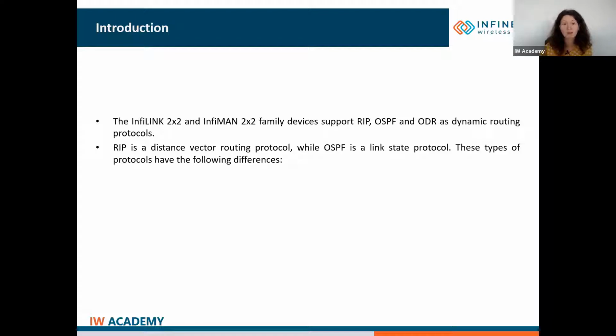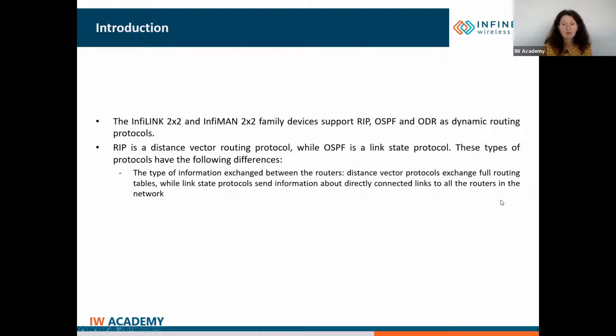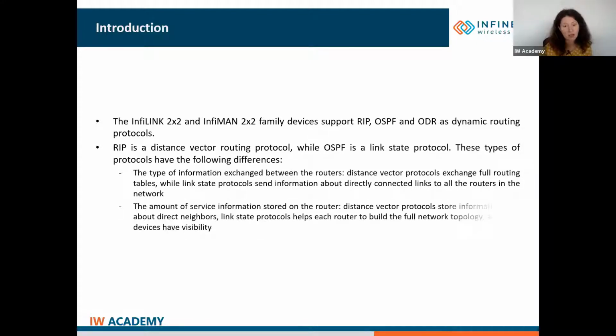These types of protocols have the following differences. The type of information exchanged between the routers: distance vector protocols exchange full routing table updates, while link state protocols send information about directly connected links to all the routers in the network. Another difference is the amount of service information stored on the router.